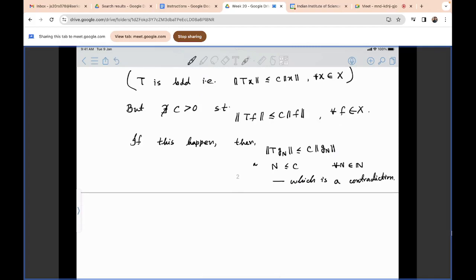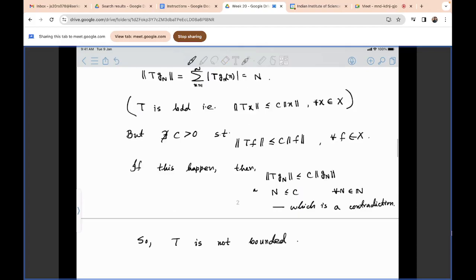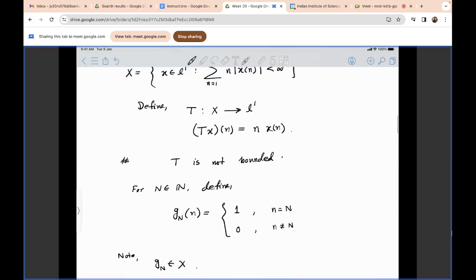So there cannot exist a positive c so that this will happen, which implies T is not bounded. So this linear operator is not bounded.